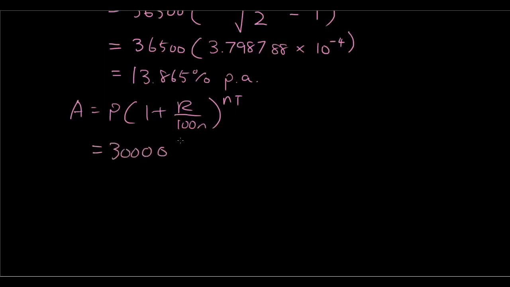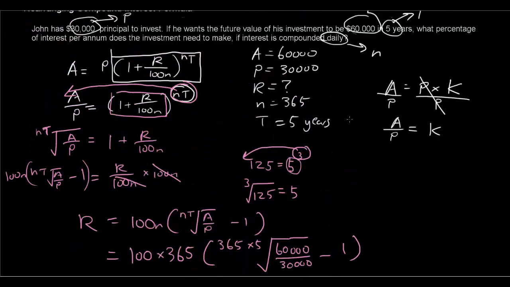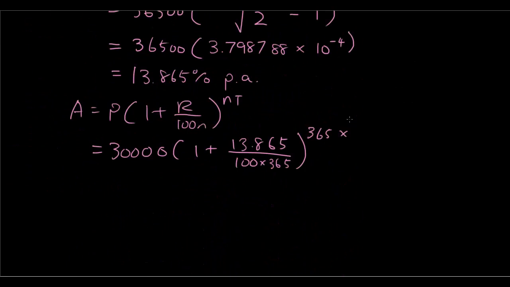Principal was 30,000. Rate is 13.865. 100 times 365 is the compounding periods per year. In how many years did we say? 5 years. So we're basically subbing the values into our original equation with the rate of interest we found to see if the investment grows to 60,000.